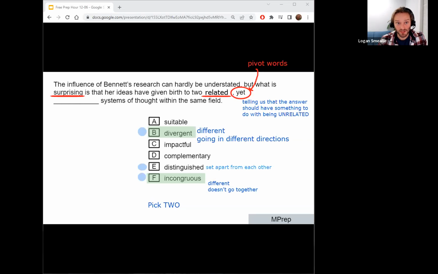An example of this usage of distinguished would be, the two awards were distinguished from each other because one was gold and one was silver. So it does still have to do with being different, but it's not as much about two things that are just totally different. It's a little bit more subtle.